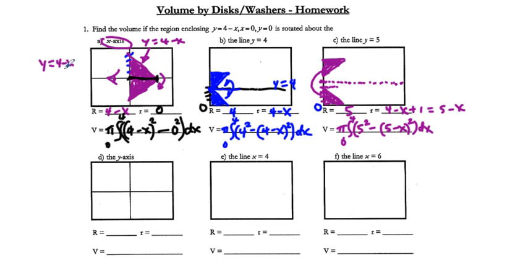And solving for x, if we subtract 4 from both sides of the equation here, we're going to get y minus 4 equals negative x. And if we just multiply the whole equation by negative 1, we're going to have x equals 4 minus y. So that's going to be our equation we're dealing with.